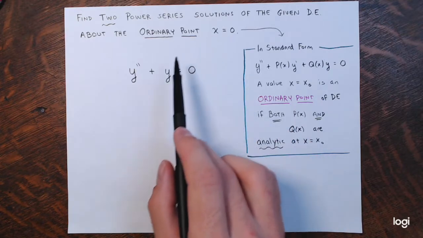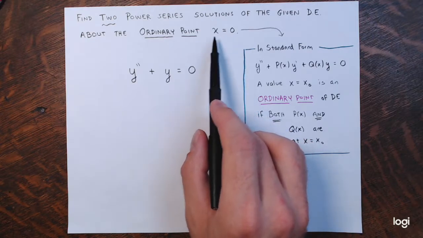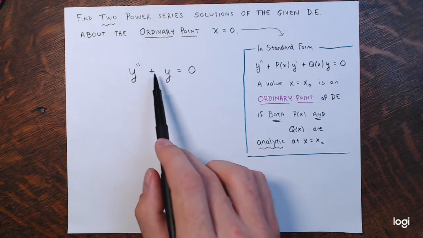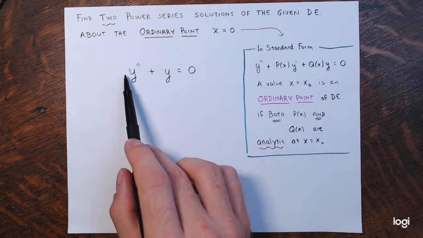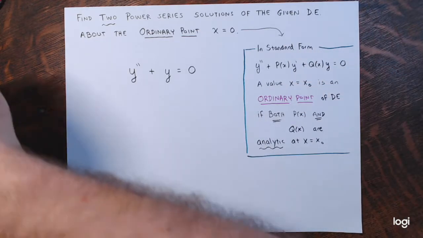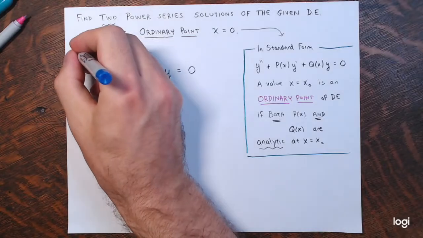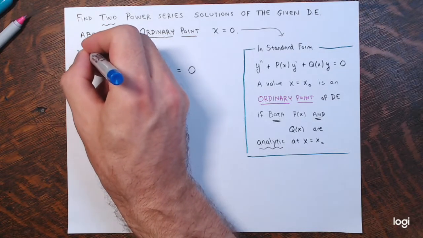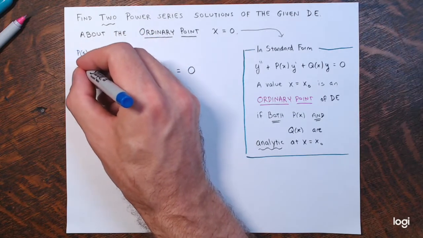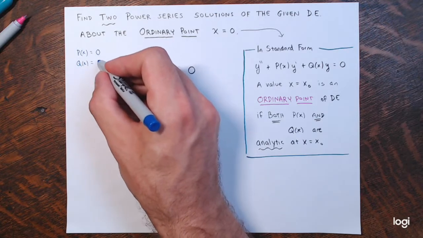Alright, so we're saying here, x equals 0 is an ordinary point of this differential equation. It's already in the standard form, the coefficient on the higher order derivative is 1. The P of x and Q of x here are just constants. The P of x here is 0, there's 0 y prime, and the Q of x here is 1, the coefficient of y.